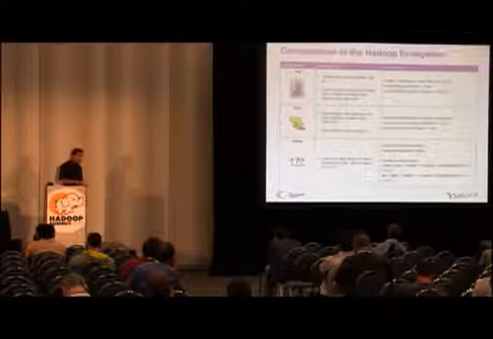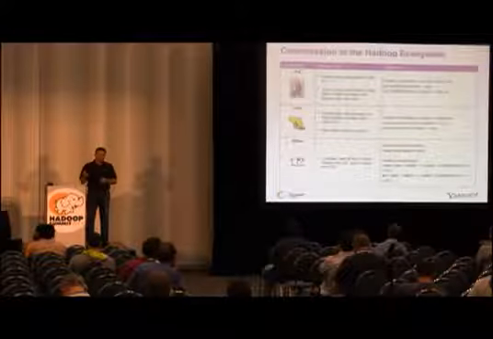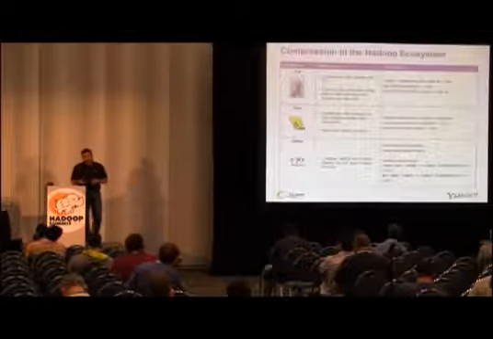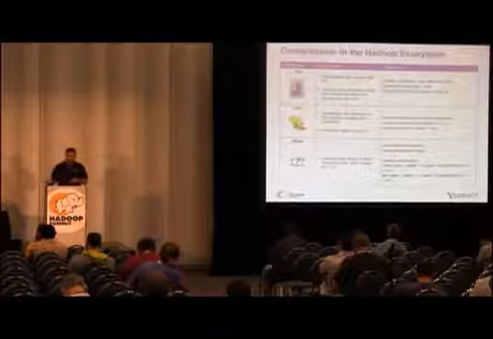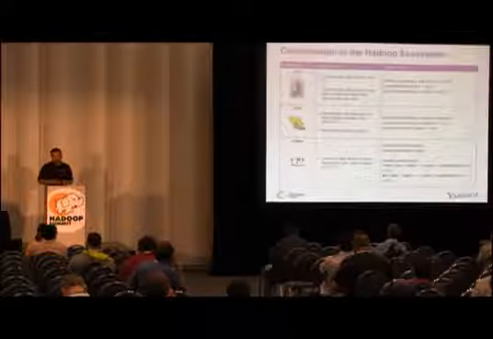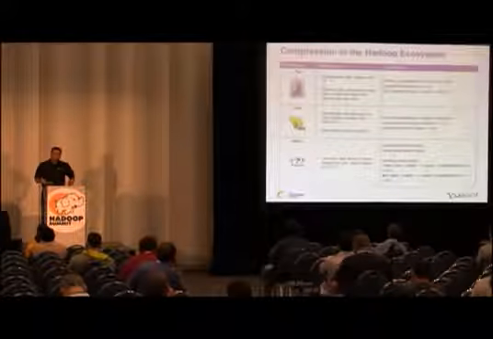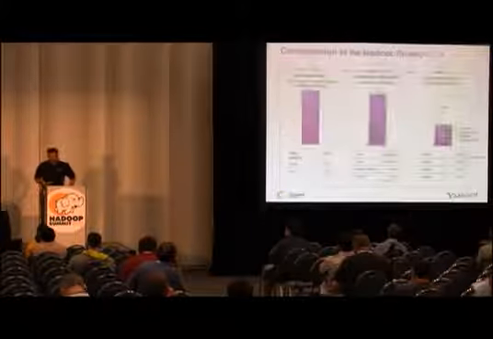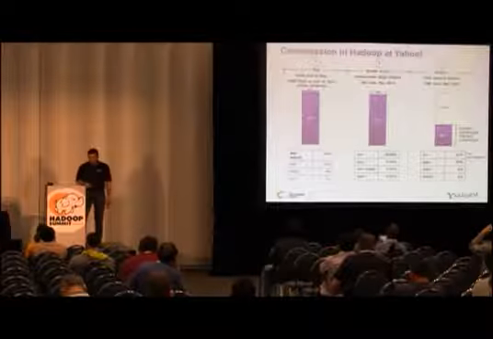HBase as well provides support for compression at the column family level. So you could specify the compression parameter while you're creating the tables or after you've created the tables. All you need to do is disable the table and alter the table with the compression parameter. So Hadoop and the Hadoop ecosystem components both provide very good support for compression, and you have the choice of these codecs as long as you understand what you're trying to accomplish.